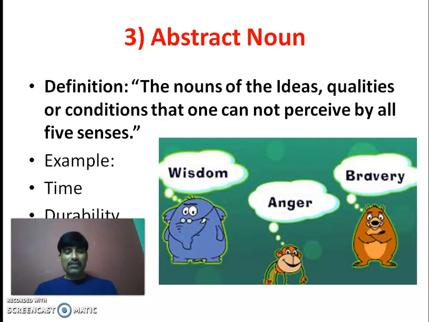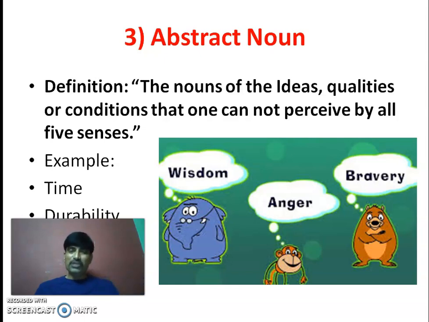As you can see, I've tried to incorporate wisdom, anger. See, wisdom, you can label someone that he is a very wise person, you can say that he is very angry, you can say that the soldiers are very brave. But bravery, anger and wisdom, these nouns you cannot see specifically somewhere, that there is something called anger or wisdom lying over there.